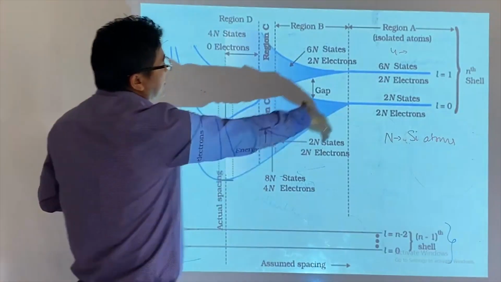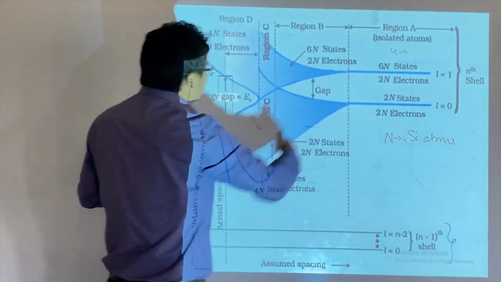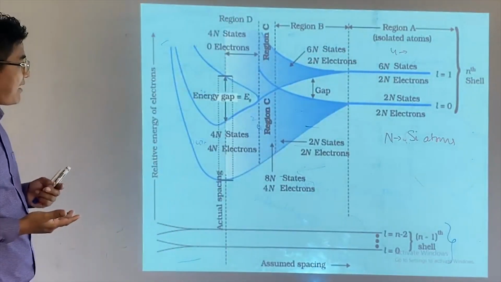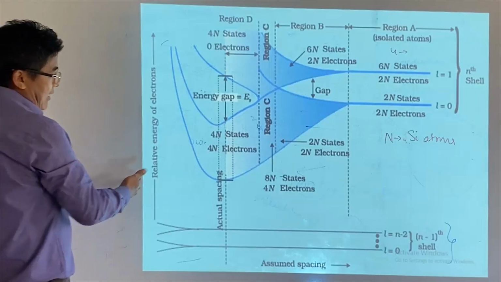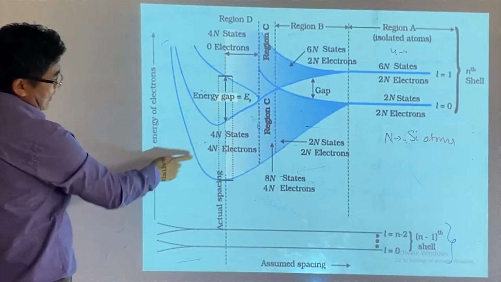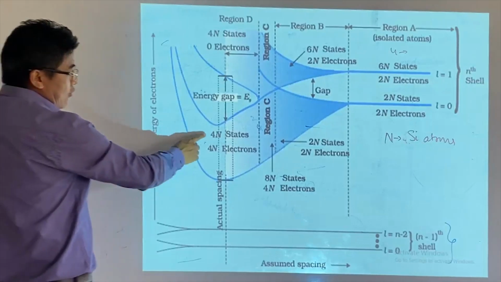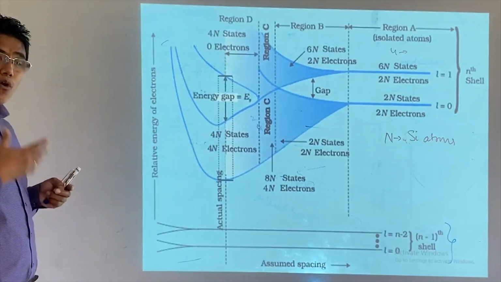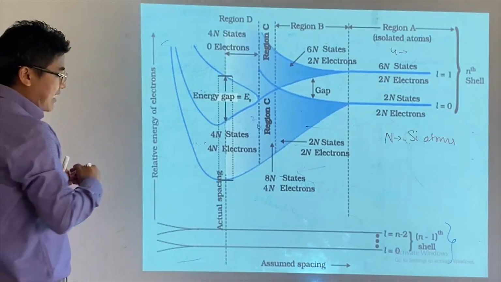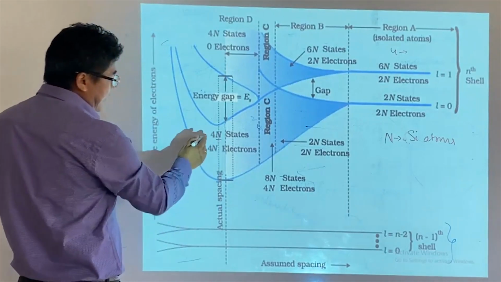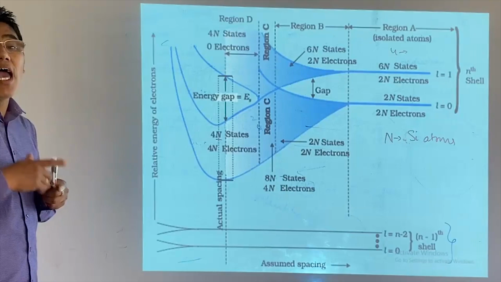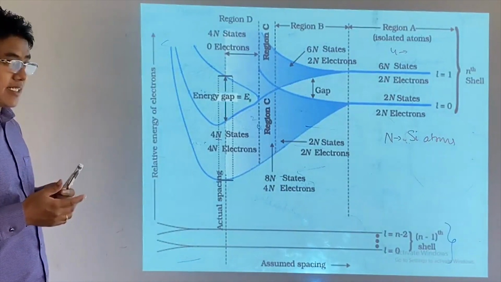This entire outermost shell gets split into two energy bands. This is what we call the valence band, which has 4n states, where n is the number of atoms and 4 is the number of available states.